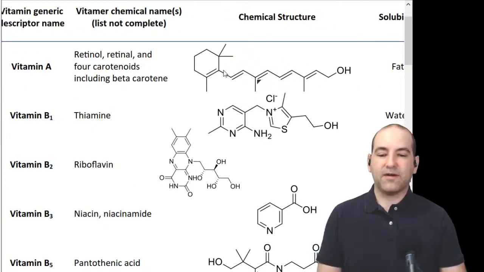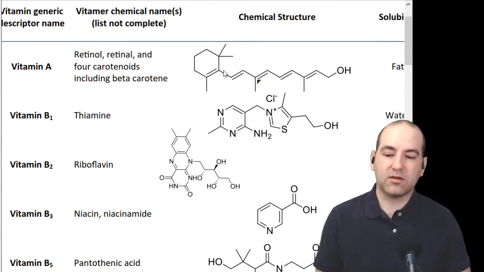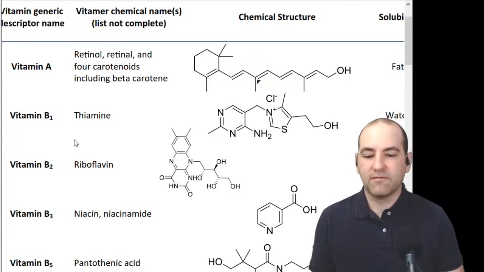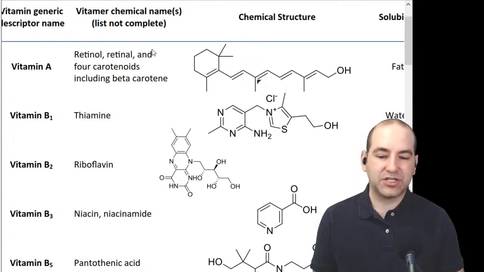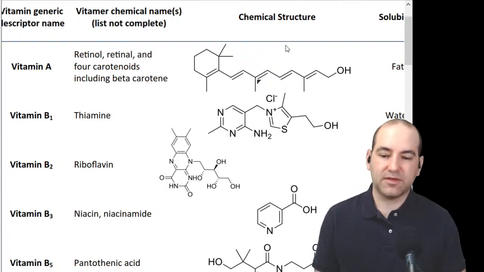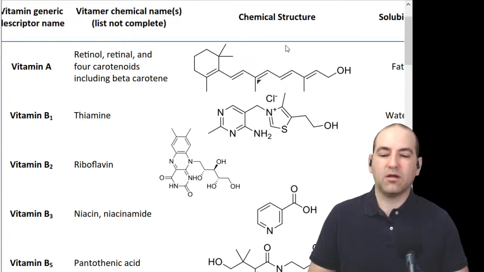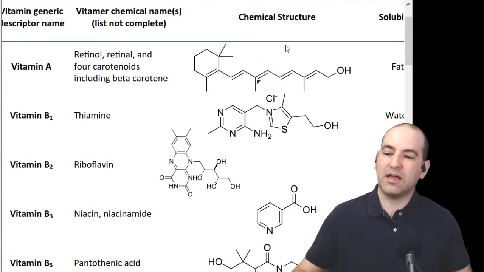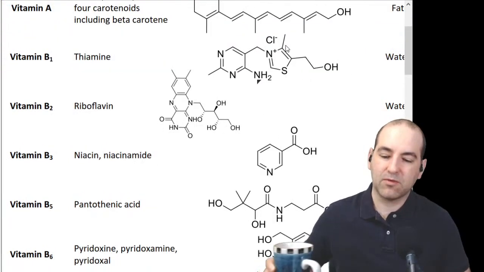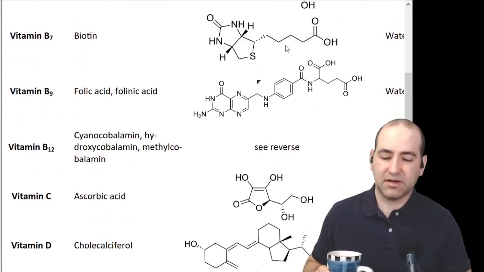The other weird thing about vitamins is some of them are not even one molecule. For example, vitamin A is not just one molecule. It's a whole bunch of different things. You might have heard of retinol, beta carotene, carotenoids, things like that. There are several of those that all make up vitamin A together. Same thing with several of these, really.